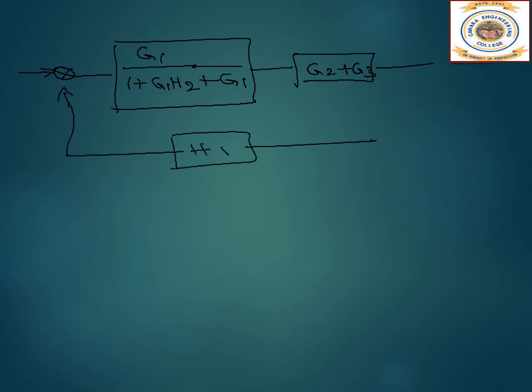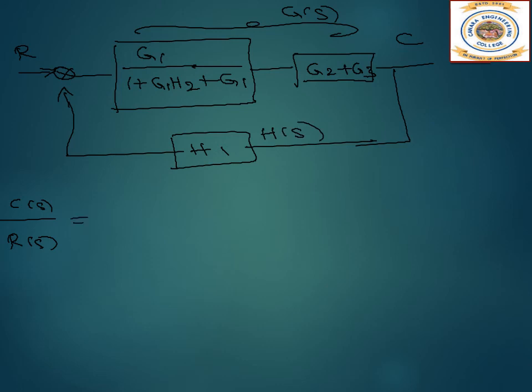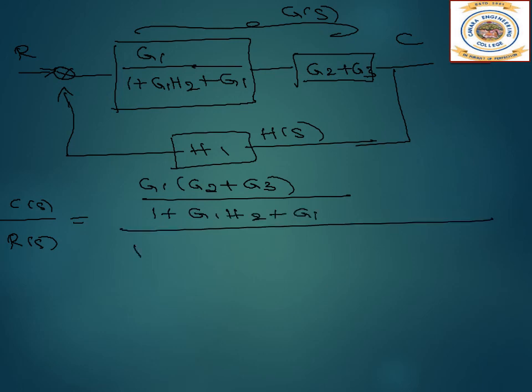So now we can get C of S by R of S. Here this is G of S and this is H of S. So here G1 into G2 plus G3 whole divided by 1 plus G1 H2 plus G1 whole divided by 1, negative feedback this is.